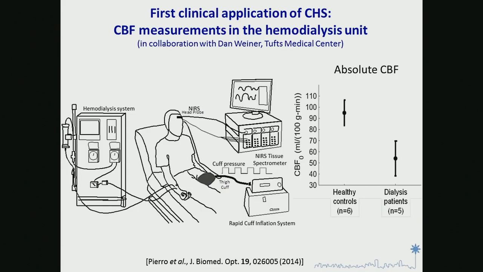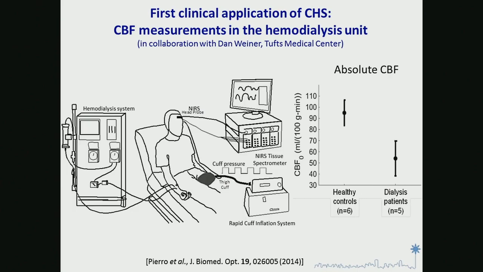In this way, we performed measurements on 6 healthy subjects and 5 patients undergoing hemodialysis treatment. And what we found is that the absolute value of cerebral blood flow was significantly lower in the dialysis patients with respect to the controls. And again, these measurements are done in absolute units of milliliters per 100 grams per minute. So these are absolute measurements of cerebral blood flow.